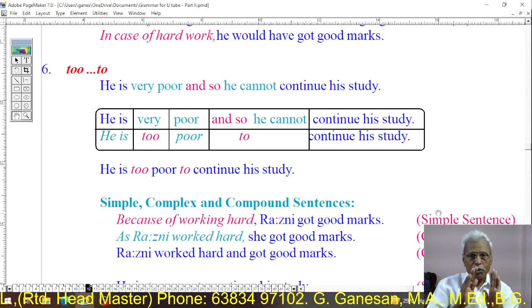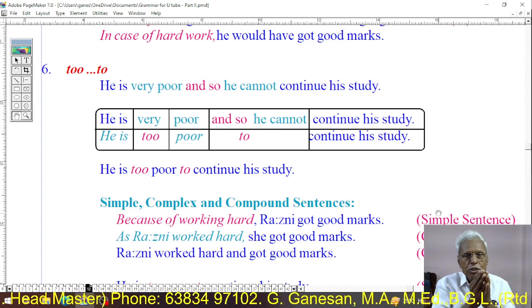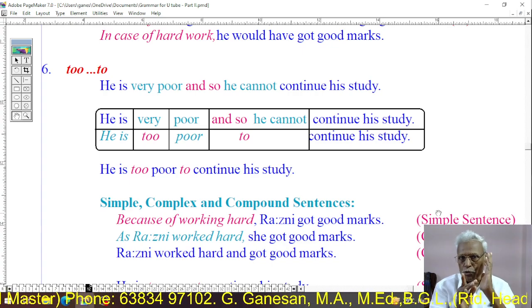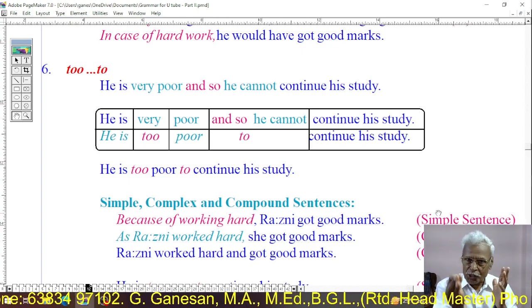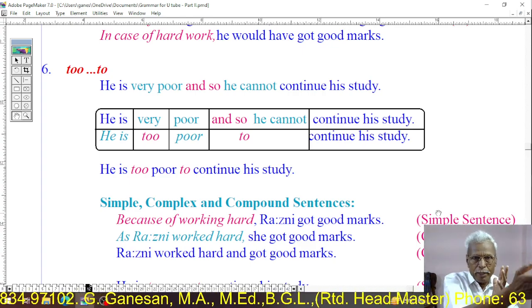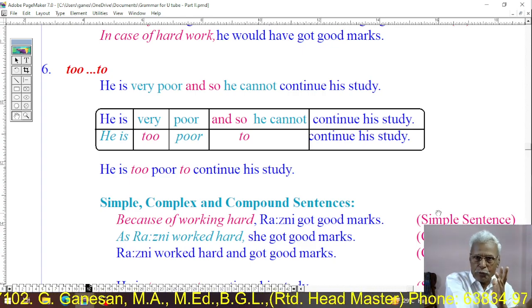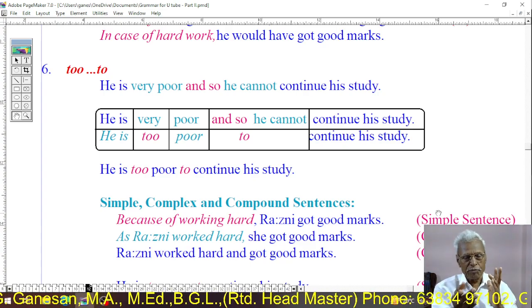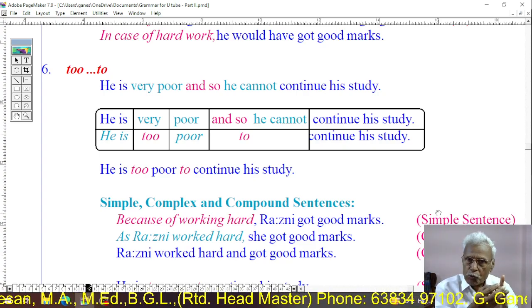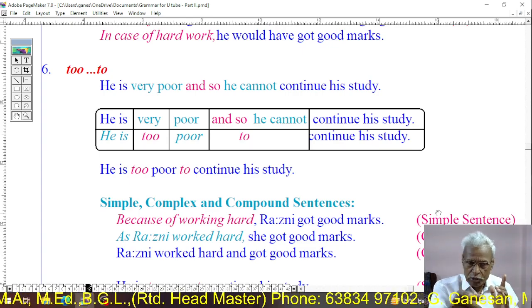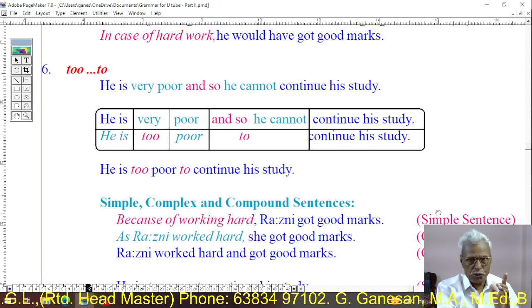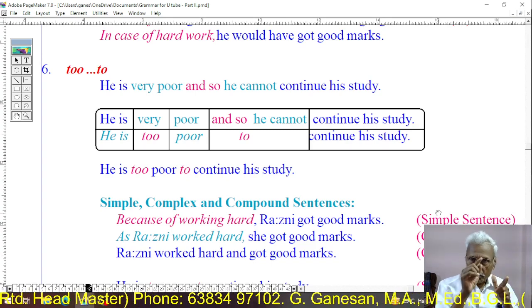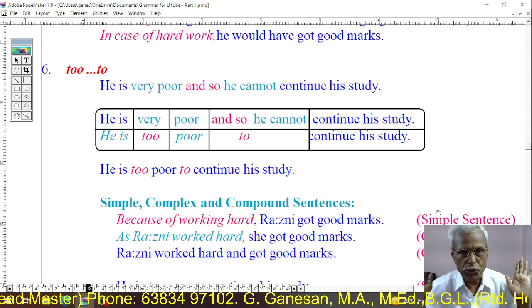What are the rules for converting a main clause into a phrase? There are three rules. First, the coordinating conjunction should be removed, and its phrase should be placed at the beginning of the sentence. Then the subject should be changed into its possessive. Then the verb should be changed into its present participle.